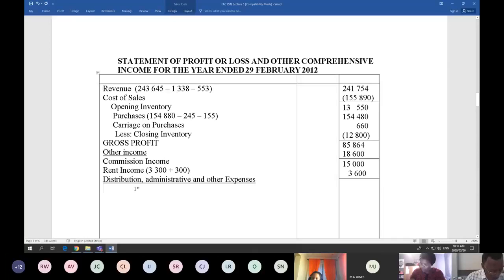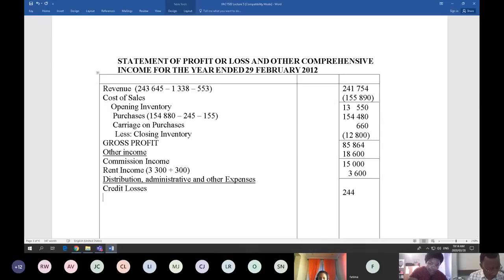So my first expense that I deal with there, guys, is my expense called credit losses. And in my trial balance, my expense for credit losses, we have got as 244 Rand, as it is in the trial balance.